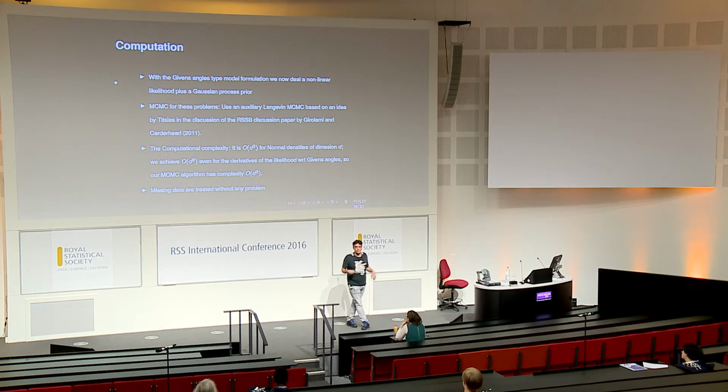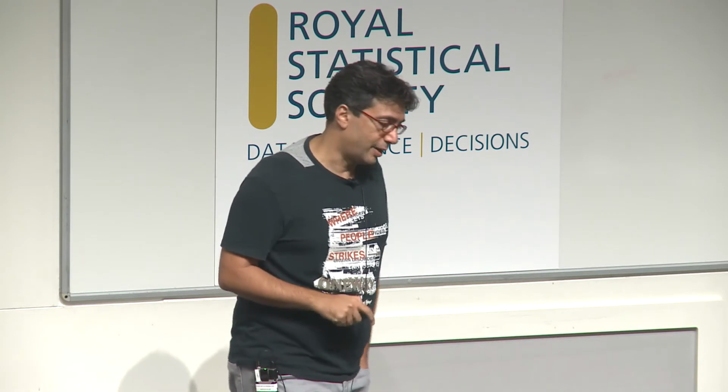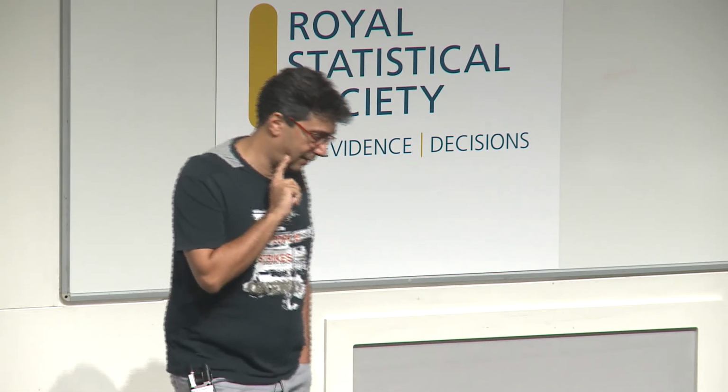This is the usual problem in Gaussian processes and other applications. What I'm going to present here is that, because I use this kind of parameterization, I can do all these calculations in quadratic complexity rather than cubic complexity. That's one thing, and there are other things that I will discuss throughout this.